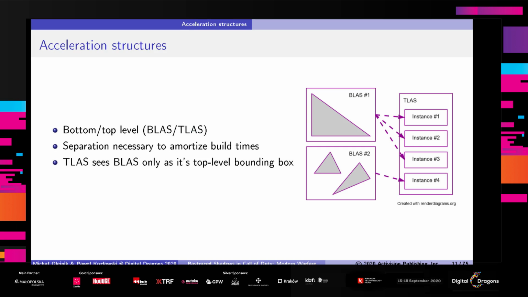There are two levels of acceleration structures in the DirectX ray tracing API, bottom and top level, so-called BLASes and TLASes. Ideally, we would build only one big acceleration structure for the whole scene. However, for real-time purposes, acceleration structure build times are non-negligible, which means we can't really afford to build everything from scratch every frame.